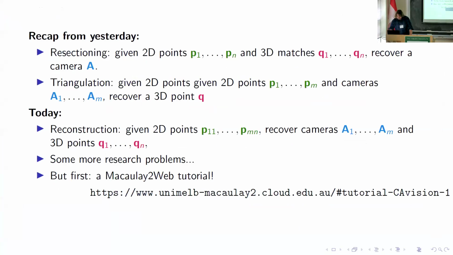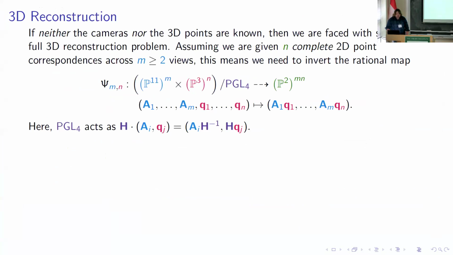Great. So that was the tutorial. I know we're all hungry, so I'm going to power through these last few slides that tell us about reconstruction problems. So we talked about resectioning and triangulation, where maybe you're given cameras, maybe you're given 3D points, but now you're only given 2D points. And so what can you do? Well, you formulate this again as inverting a rational map.